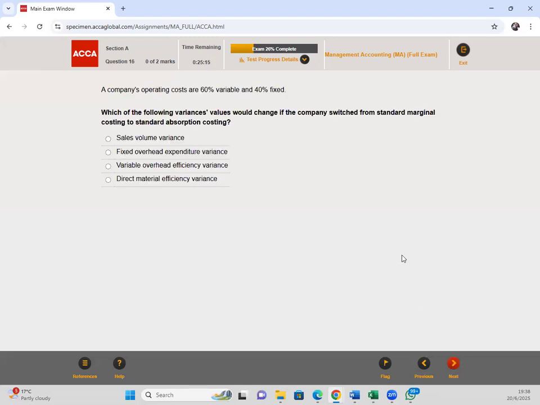A company's operating costs are 60% variable and 40% fixed. Which of the following values would change if the company switched from standard marginal costing to absorption costing?